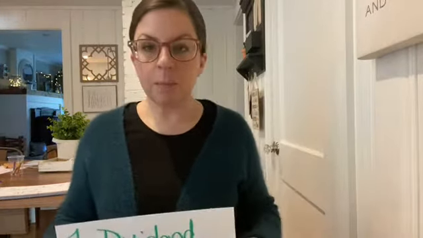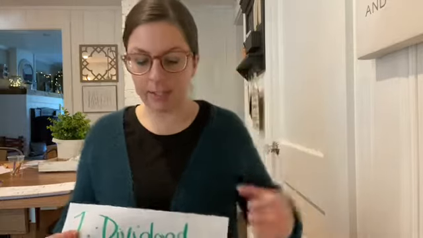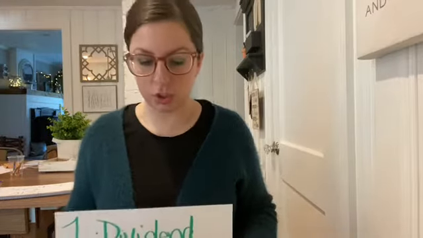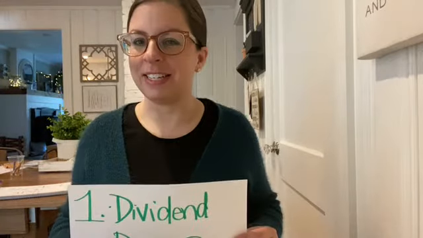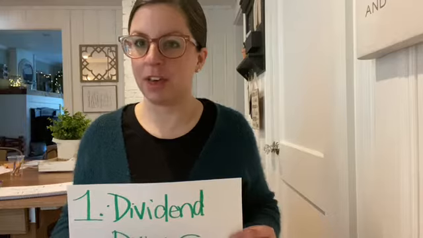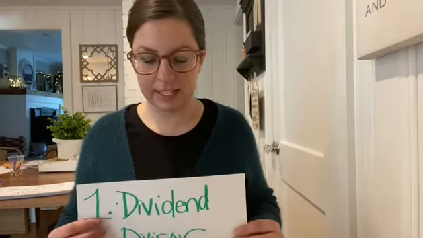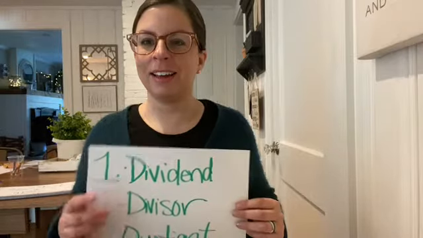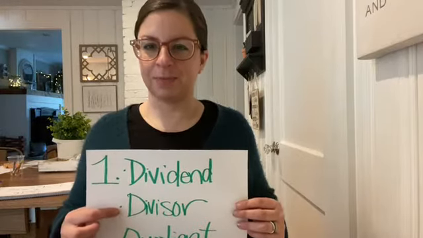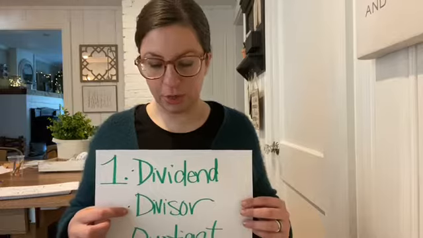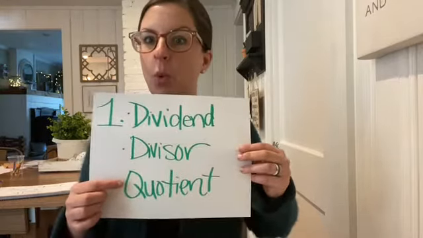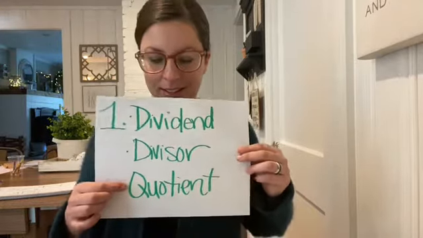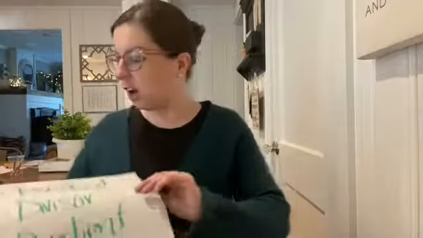In the number sentence, 18 divided by 6 equals 3. 18 is the what? Dividend. Did you know that? It's the dividend. 6 is the divisor. And so 3 must be the quotient. Okay. All right.